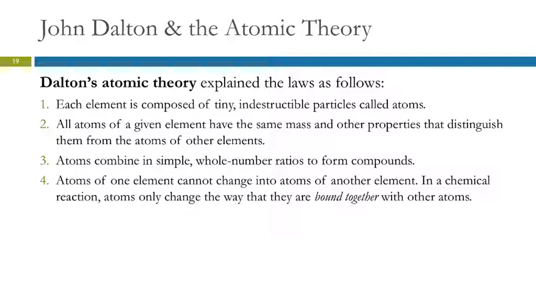Now, there are 2 of these statements that had to be modified later based on new information. And this is an example of where you can take a theory or a law and you've got some evidence, some experiments that contradict it. You don't necessarily throw out the whole thing. Sometimes you just need to modify it.